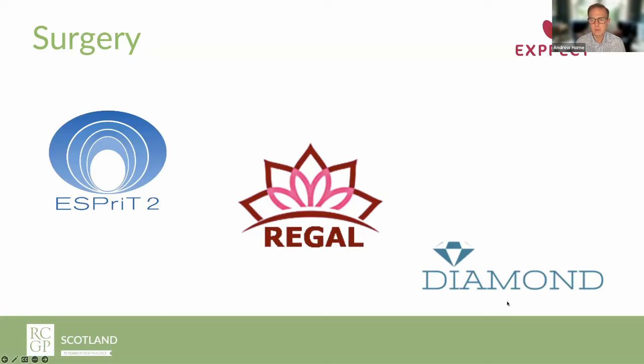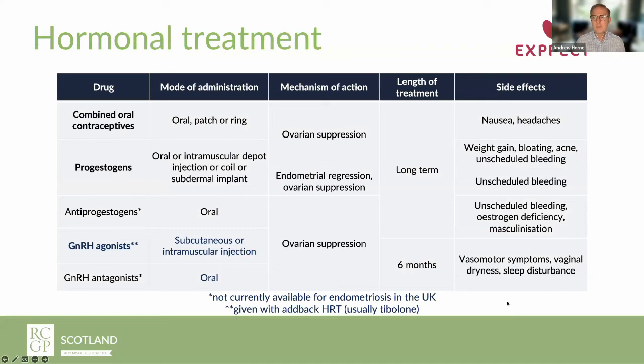In this table here I've attempted to break down the different hormone treatments that we have available for managing endometriosis, put very briefly their mechanism of action, side effects, etc., and how they can be administered. So of course we have combined oral contraceptives, progestogens, we have antiprogestogens, but they're not currently available for use in the UK.